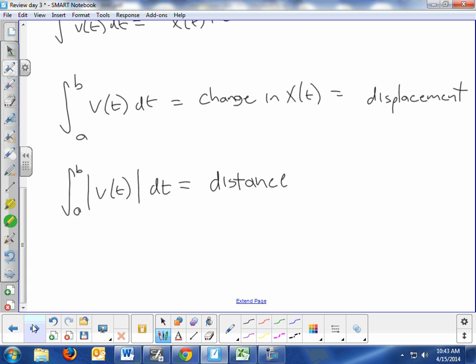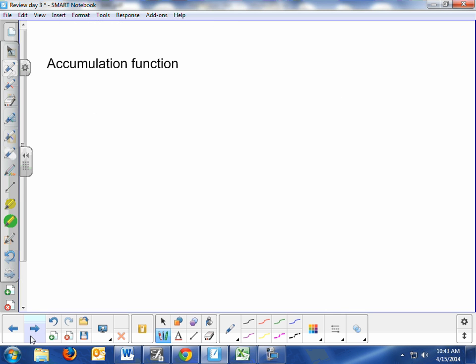Okay, we should remember that. Then we introduced this accumulation function, and we said some g of x, some function, is equal to the area accumulated from a to x of some f of t dt. This probably looks foreign to you, but we did it like 2 chapters ago.